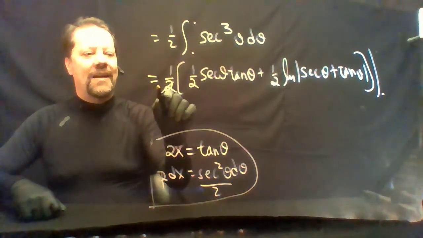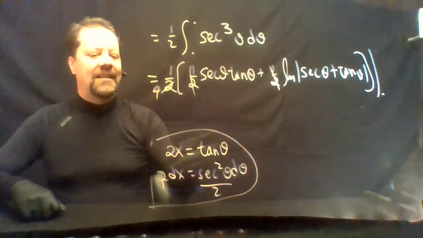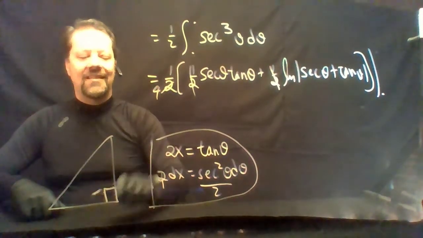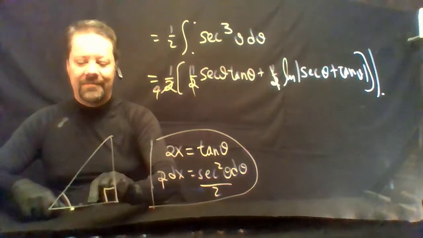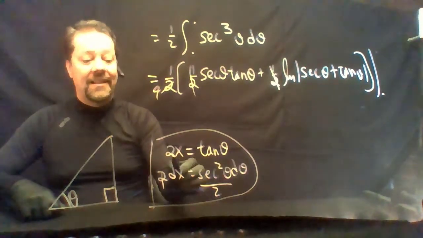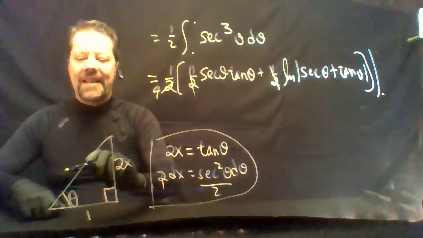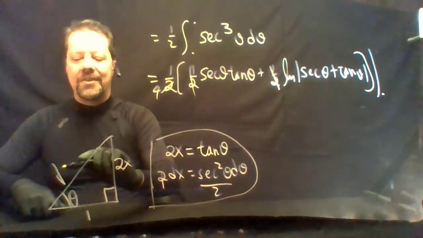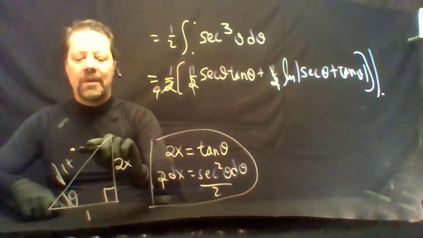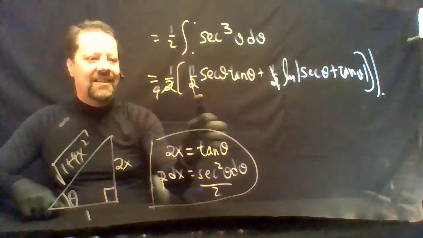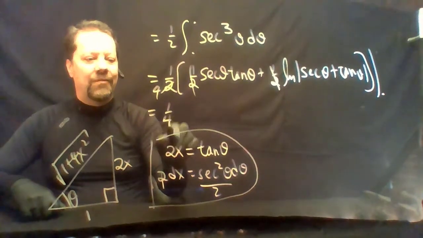We can take these 1/2s out, but to convert back to x requires a triangle. Tan theta is opposite over adjacent. Using the Pythagorean theorem, the hypotenuse is the square root of the quantity 1 plus 4x squared. Now, we'll have 1/4 times the bracket.